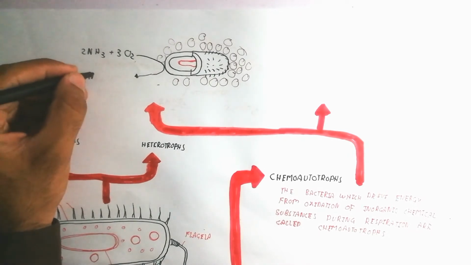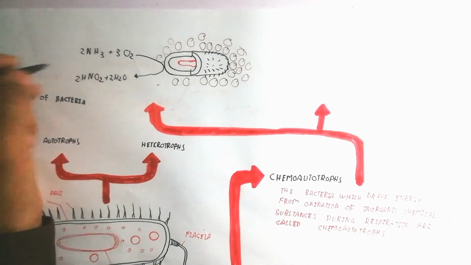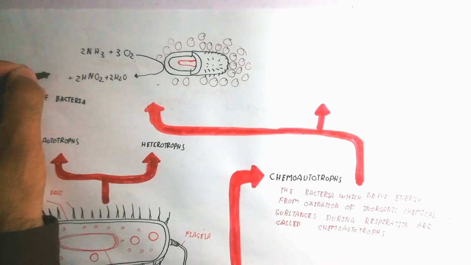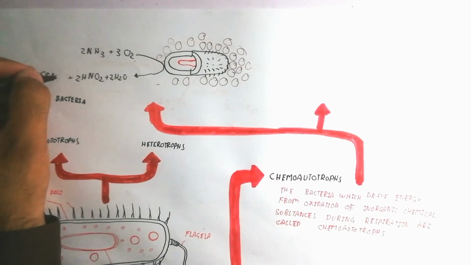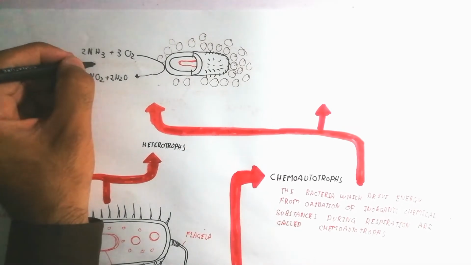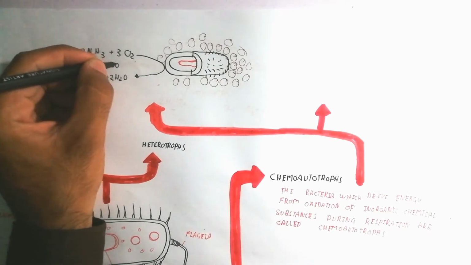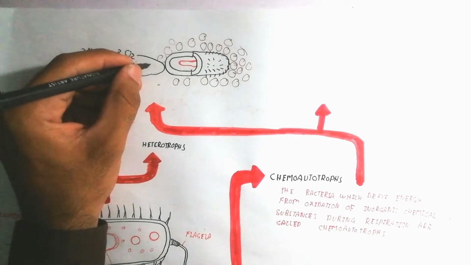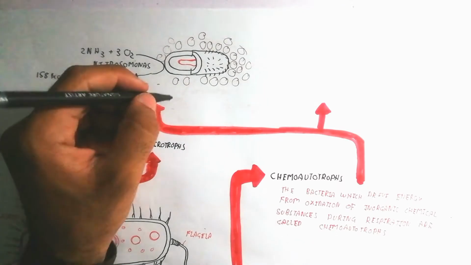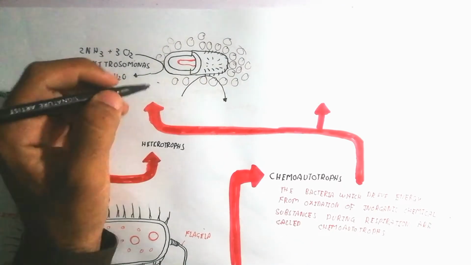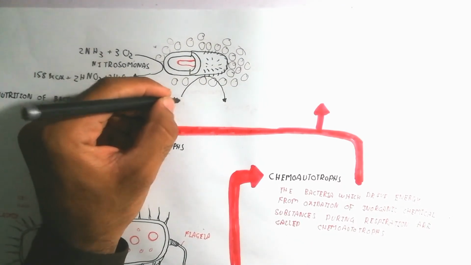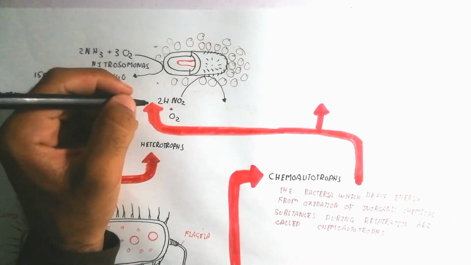That is an important bacterium which produces HNO3, nitric acid, plus water, and 158 kilocalories of energy will be produced. That is used by the bacteria, and there is a symbiotic relationship with the leguminosae plant.